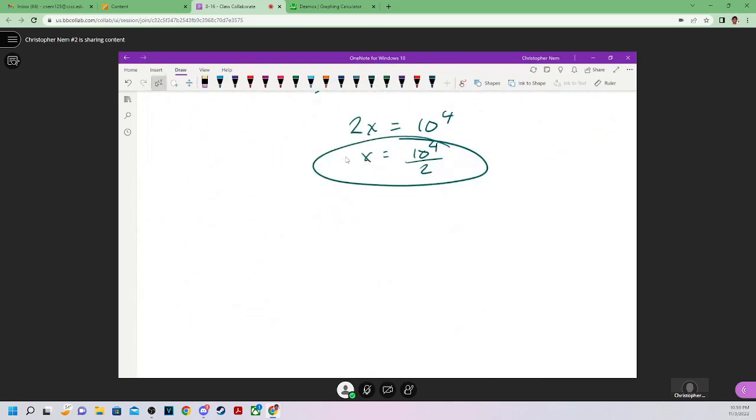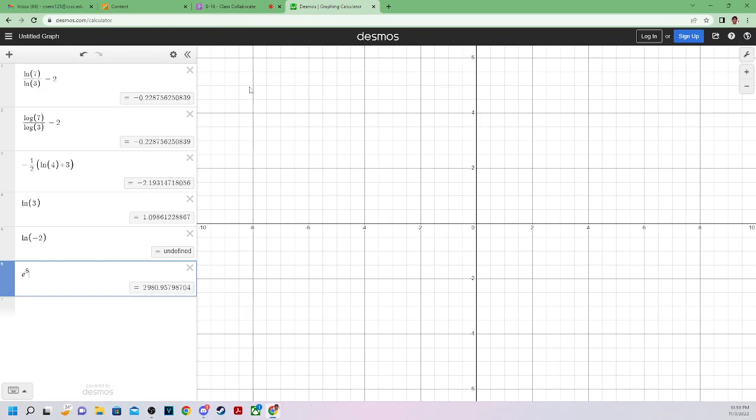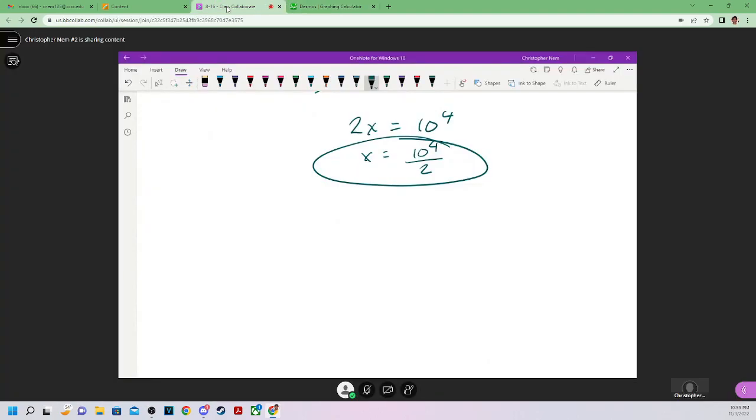You can verify that for me. 10 to the 4th divided by 2 is 5,000. So we have 5,000 as our value. Boom. So that covers it for solving exponential equations and solving logarithms.